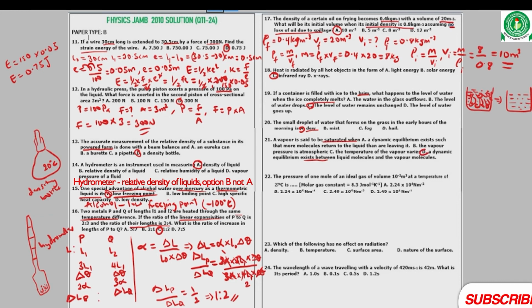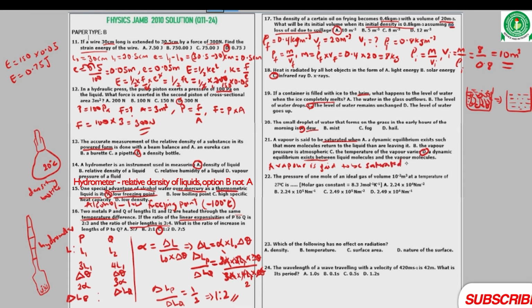Now, when is a vapor said to be saturated?